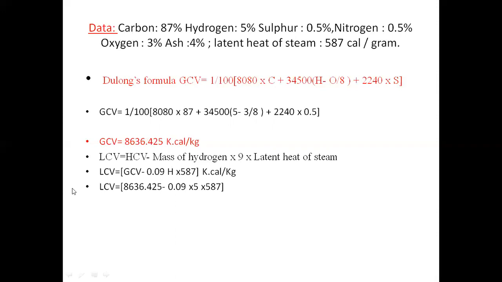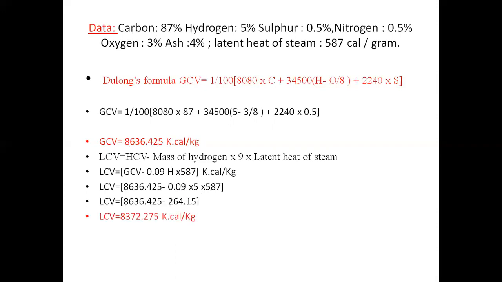So GCV, the gross calorific value, is 8636.425 kilocalories per kg, minus 0.09 into H, here H means 5, the percentage of hydrogen is 5%, so 5 into 587. You just simply calculate.